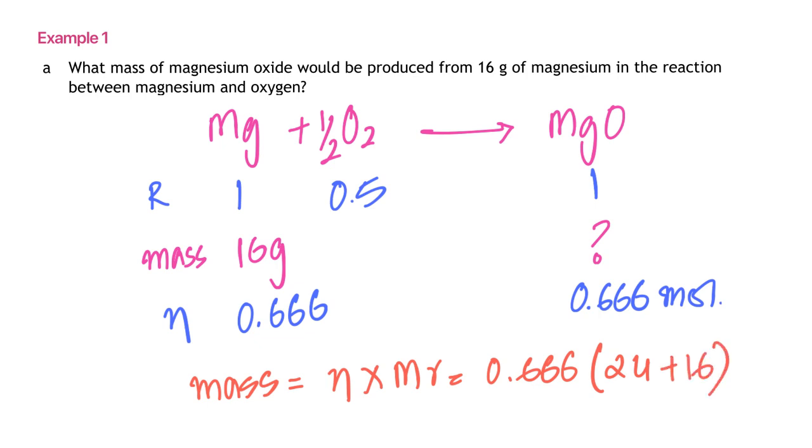Okay, so 24 plus 16 will give me a nice number, I think. 24 plus 16 is 40. Multiply that by 0.666 and I get 26.64. So this is 26.64 grams.